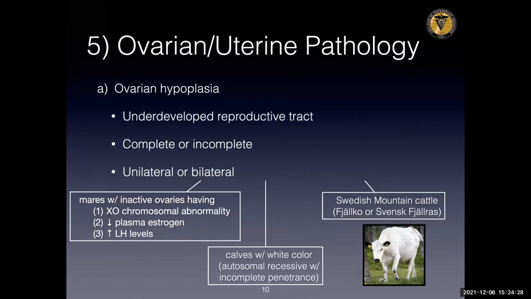So she is not entirely a 100% female because her chromosomes don't have the second X, and that would lead to inactive ovaries. With that, you will have low levels of plasma estrogen, and a result would be incomplete or complete development of the ovaries on one side or both.